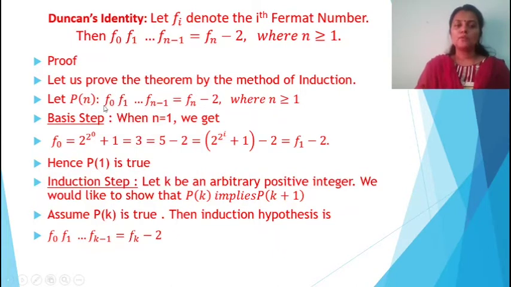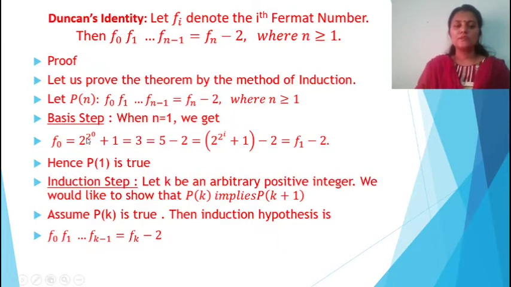We can define P of n as F0 F1 etc. up to Fn minus 1 is equal to Fn minus 2, where n is greater than or equal to 1. For the basis step we have to do n equal to 1. So we substitute n equal to 1; in Fn minus 1 we have up to n minus 1, so F0.